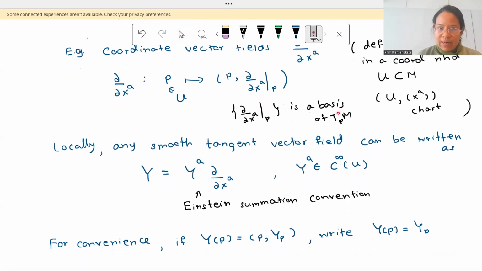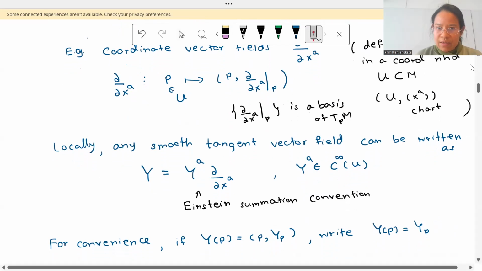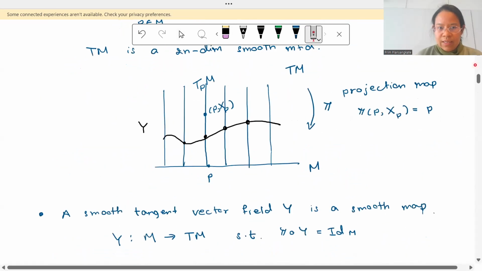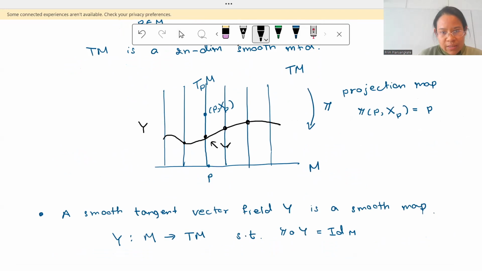So let me just go back up here. Strictly speaking, suppose you have a vector field Y, its value at a point p I denote Y_p. Then it is a point on the tangent bundle, which strictly is a pair of p and some tangent vector above p.